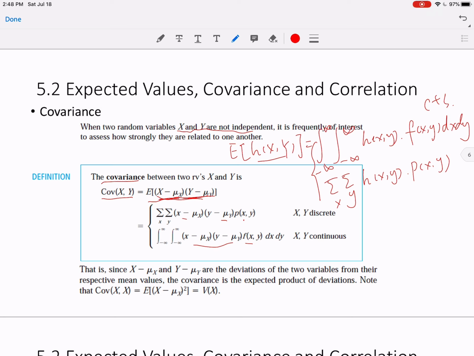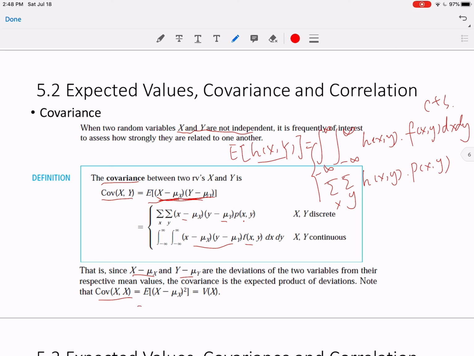Since X minus mu sub X and Y minus mu sub Y are deviations of the two variables from their respective mean values, the covariance is the expected product of deviations. Note that the covariance of X and X, the covariance of X with itself, based on the formula is E of (X minus mu sub X) times (X minus mu sub X).